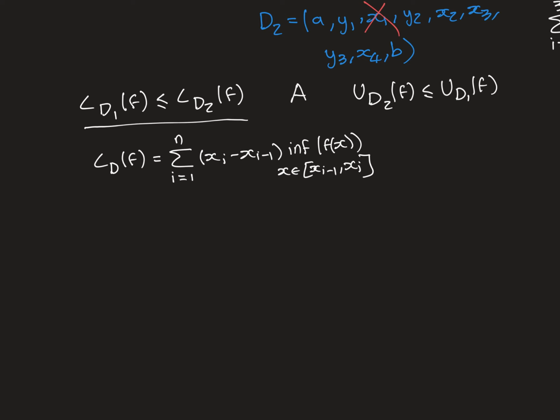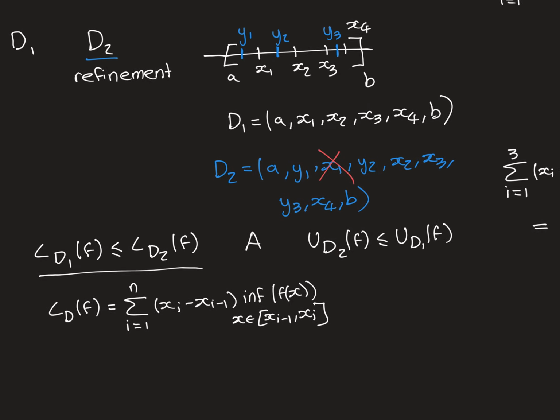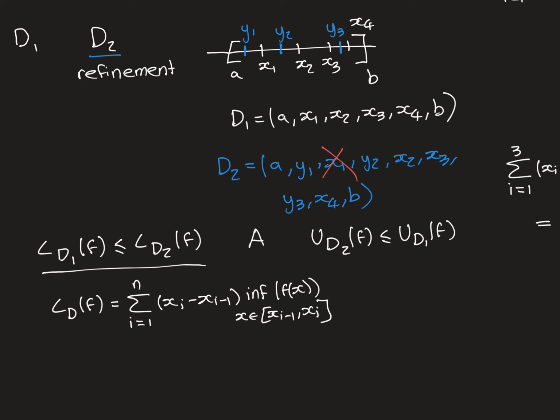Now, if we go to our picture up here, for the original dissection, D1, we were using these lengths here, and we were multiplying them by their infimum over there.